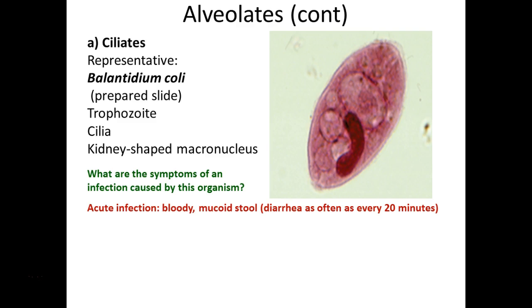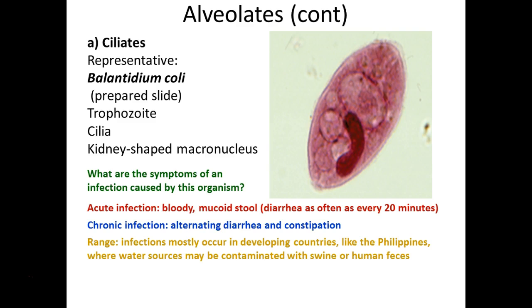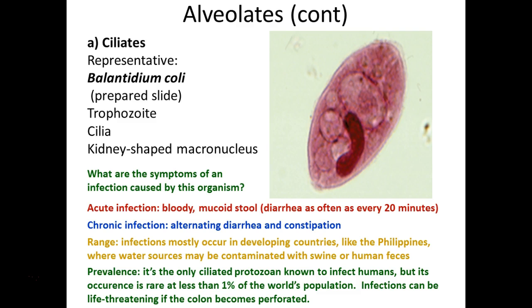You're going to have diarrhea, maybe as often as every 20 minutes. Over long term, you'll have alternating diarrhea and constipation if you have a chronic infection. Mostly this is a problem in developing countries, right, where the water gets contaminated by pigs, swine, and human feces.